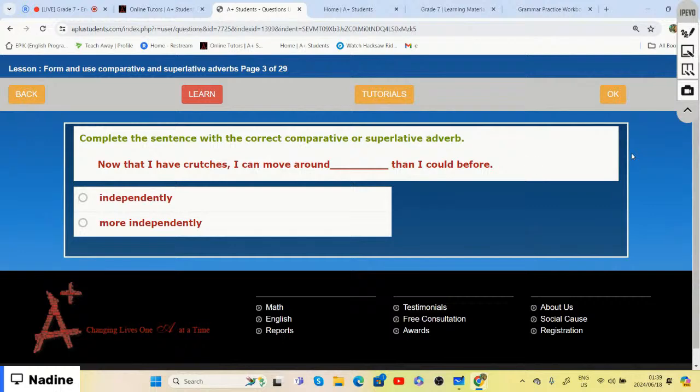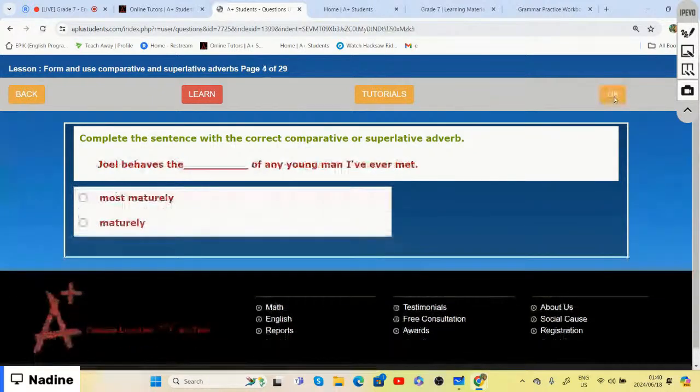And if we were to identify the correct one, we'll say it is more independently than I could before, because it has got more than one syllable. So we add more or most.